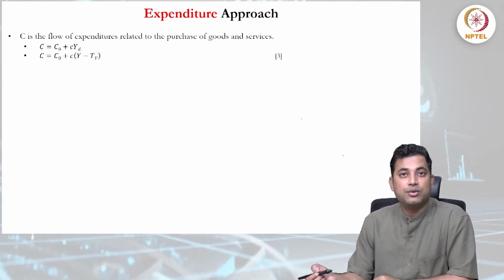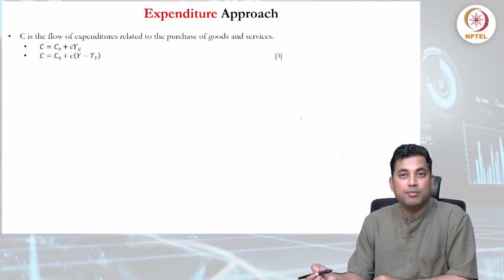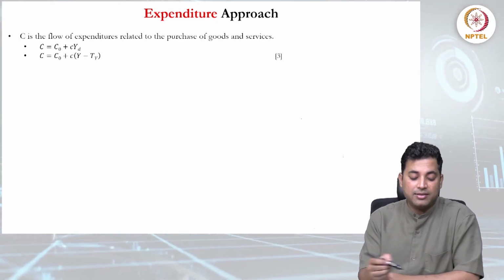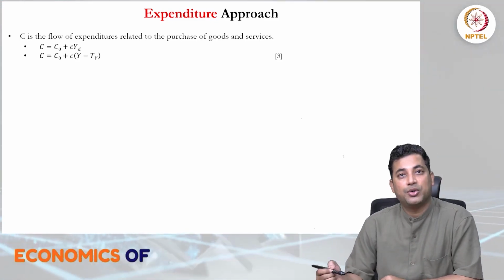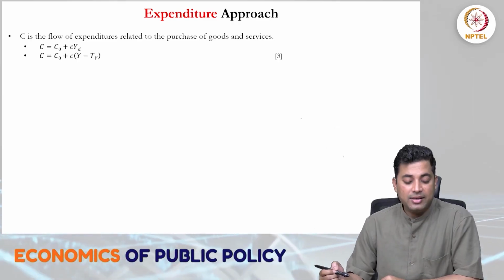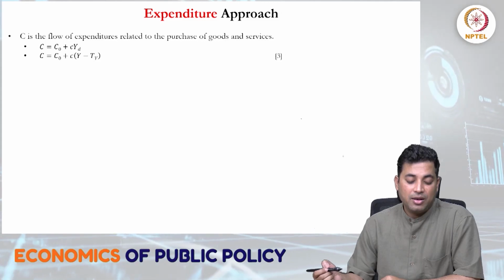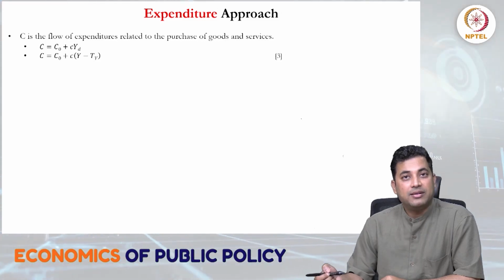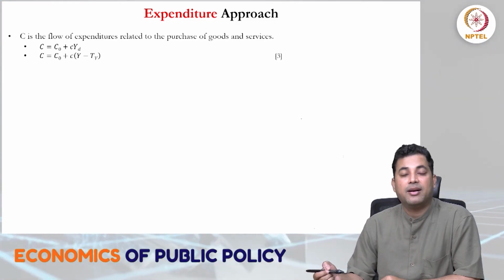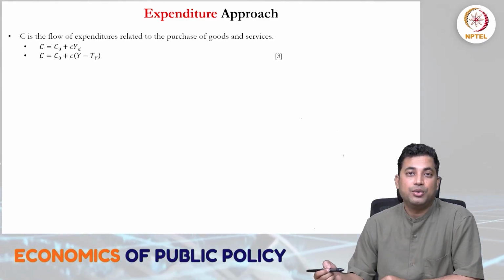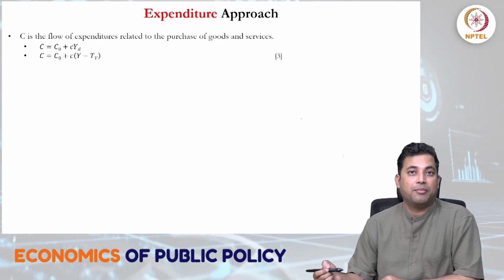C equals C naught plus small c times YD. What is C naught? C naught is autonomous consumption, and small c is the marginal propensity to consume. Broadly, capital C, the total consumption expenditure, is a function of total disposable income, right?